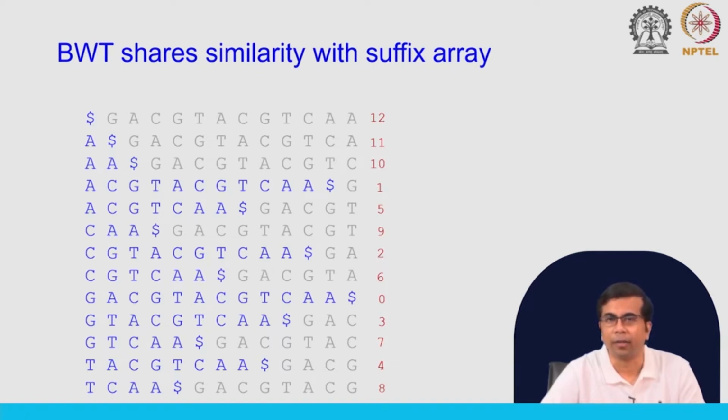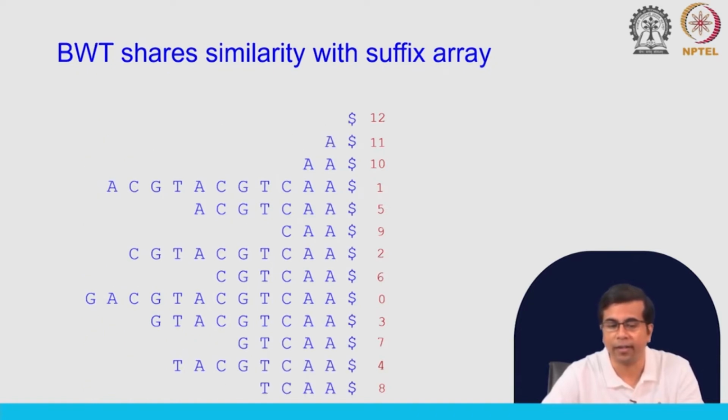What is also very interesting is that these are all lexicographically sorted. You remember that when you store the suffix array, we do the lexicographical sorting. Here, the Burrows-Wheeler transform requires this lexicographical sorting, and this automatically gives you the suffix array. Along with the positions, you get all the suffixes, and we can write it in a slightly different way.